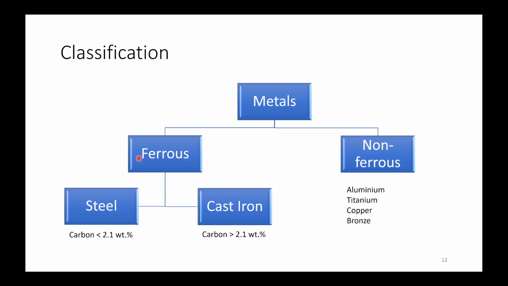So ferrous can be further classified into steels and cast irons. In case of steel, they will have carbon less than 2.1 weight percent, and in cast iron, carbon percentage will be higher. In case of non-ferrous, these can be aluminium, titanium, copper, bronze, or other alloys of these metals or other metals.